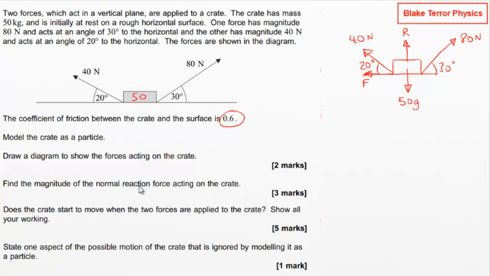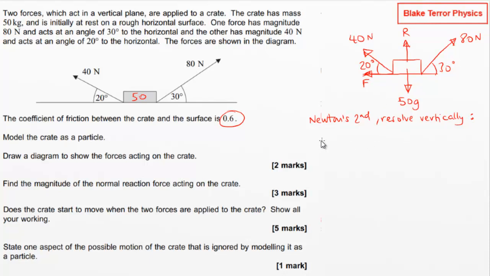Find the magnitude of the normal reaction force acting on the crate. So this is Newton's second law, as usual. Resolve vertically, and we're going to get that the resultant force is 0.